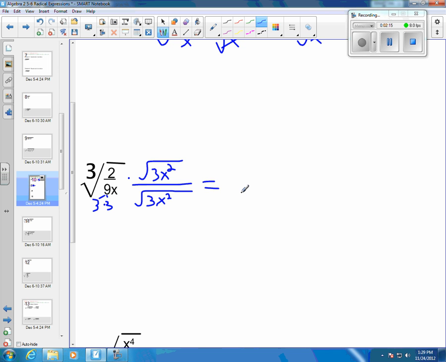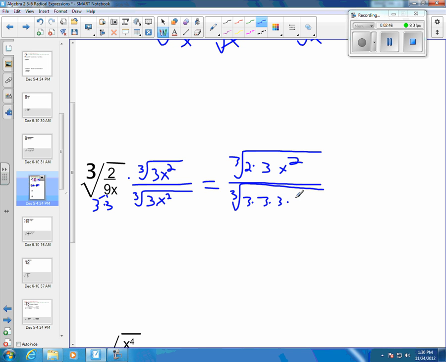Okay, so whenever I do this, and these are all cube roots, by the way. This all has to be cube roots. The top is going to be the cube root of 2 times 3x squared, putting all that under the radical. And the bottom, it's cube root, is going to be a 3 times a 3 times a 3, right? The 2 3's from this 9 and the 3 that's right here.